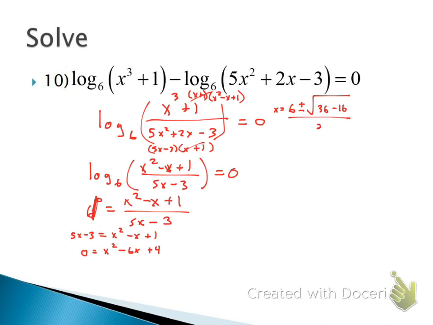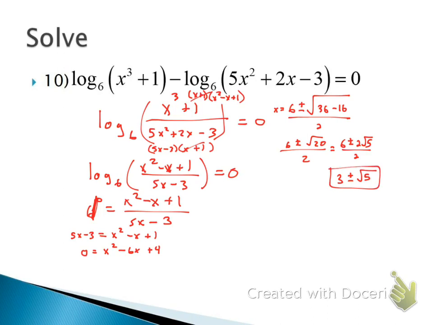So 6 plus or minus square root of 20 over 2. And isn't square root of 20 4 times 5? What's square root of 4? 2. Square root of 5 all over 2. And then you can take out a 2 out of all these, so it becomes 3 plus or minus square root of 5 all over 1.